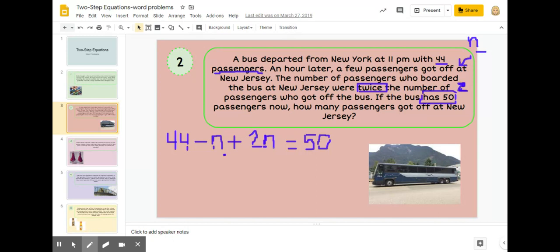All right, now we need to solve this to figure out how many passengers got off at New Jersey. Now, we've done 2-step equations, but this is actually a multi-step equation. But you know what? I'm confident you guys already know how to solve this. First thing I would need to do is combine my n's. I've got -1n and +2n's. That's really 2 minus 1.